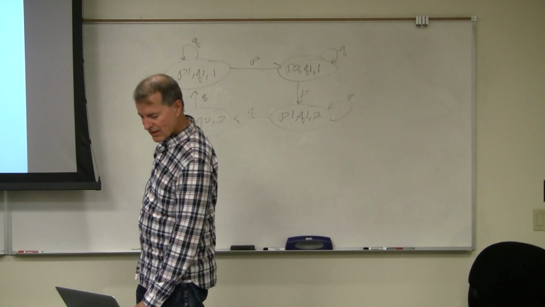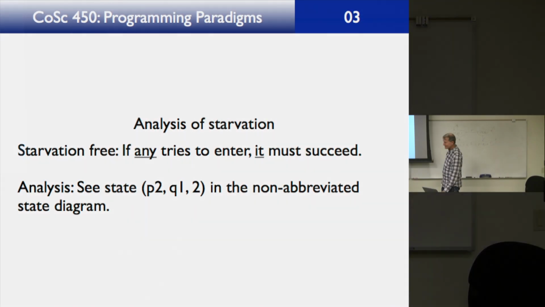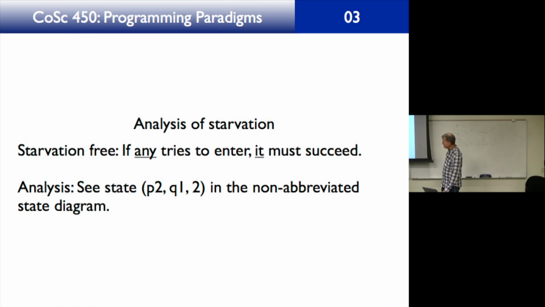So it is deadlock free, but what's the problem? If any tries to enter, it must succeed. Is weak fairness guaranteed by the operating system? Yes, we have to assume that the operating system can schedule with weak fairness.